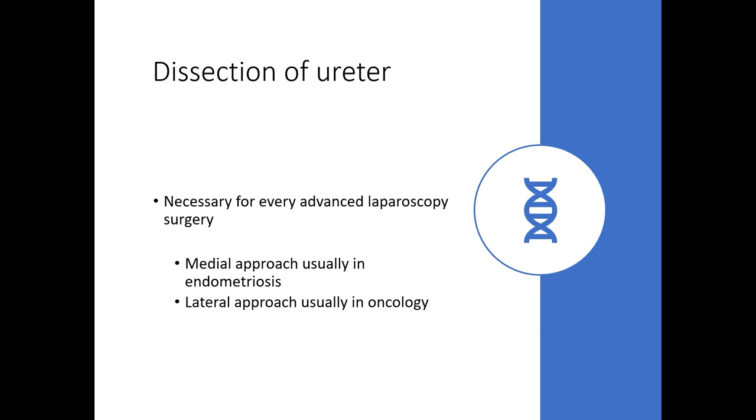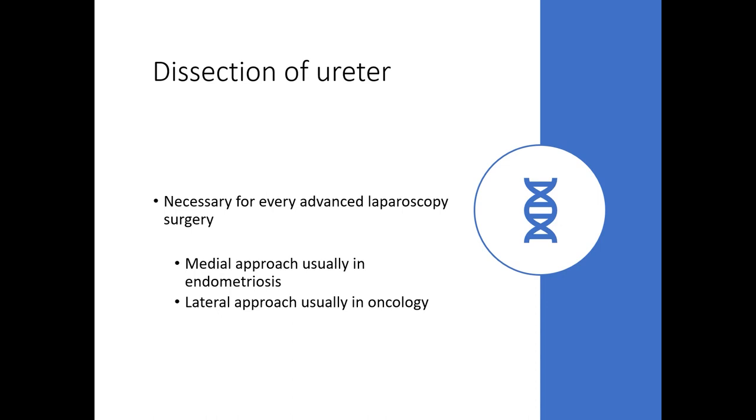Are we getting it? Second thing, it is very important to dissect the ureter and learn how to dissect the ureter for every advanced surgeon. Okay? There is something called the medial approach, used in endometriosis. So we use the medial approach, where we lateralize the ureter. Right?